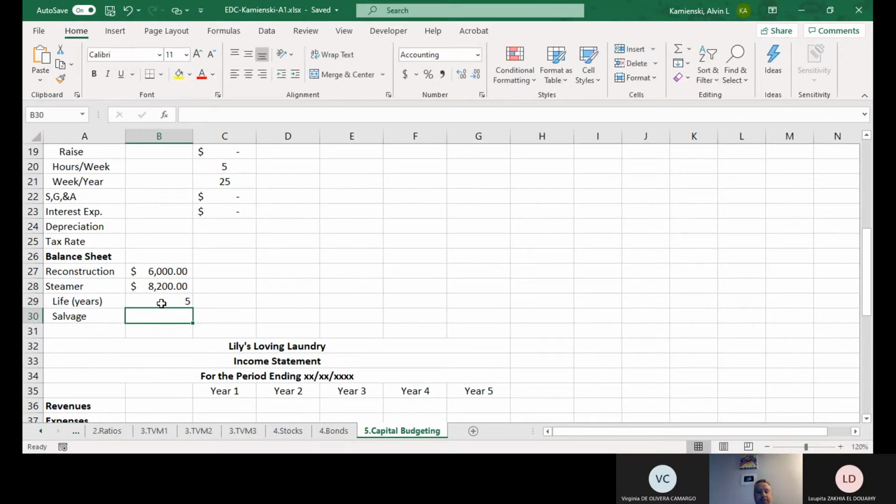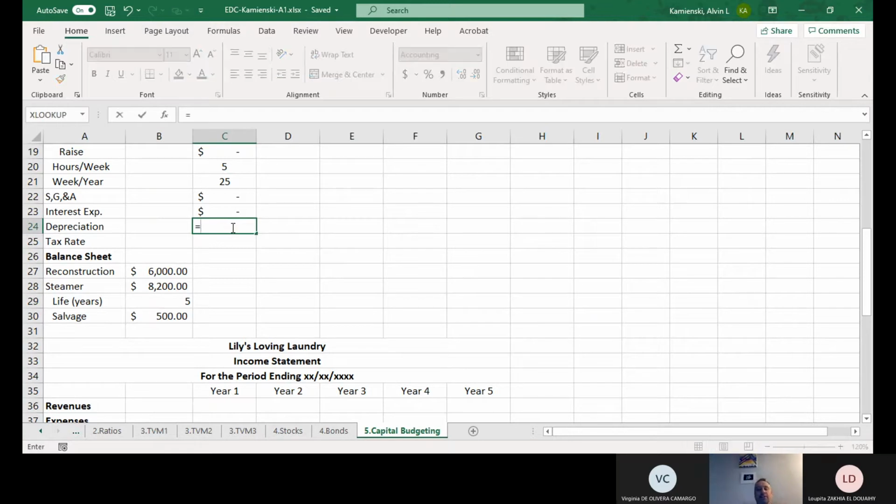So it's going to last for 5 years, and then it should be $500 in the end, which means we have to calculate the amount of depreciation that will be charged each and every year. And the way we do that is by taking equals, and we start off with first the price that we're going to pay for the steamer. We subtract off from that the salvage value.